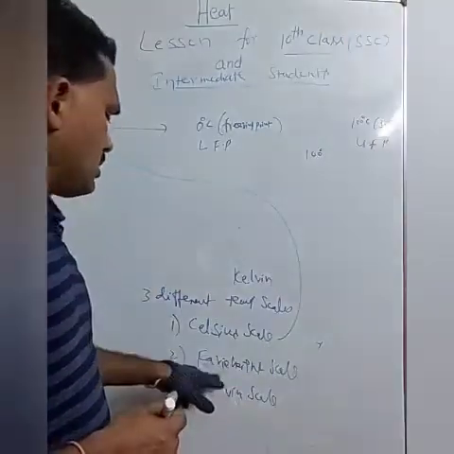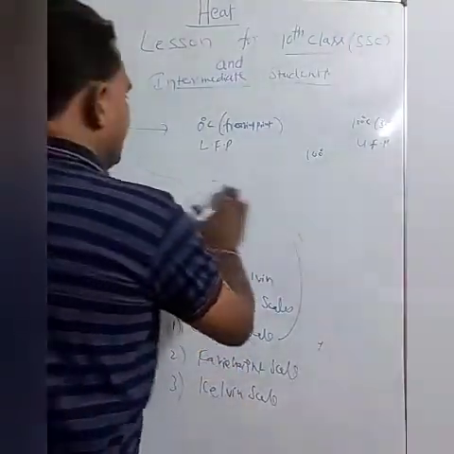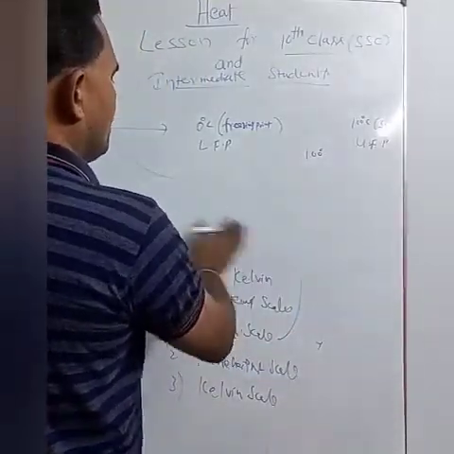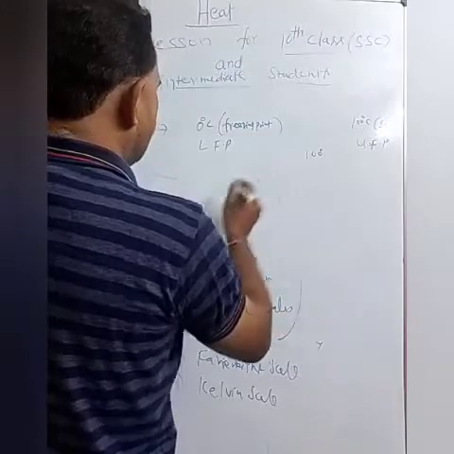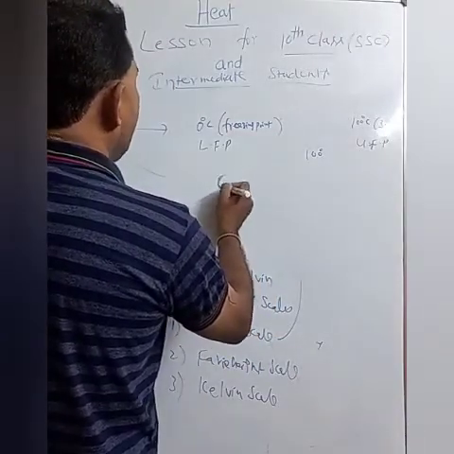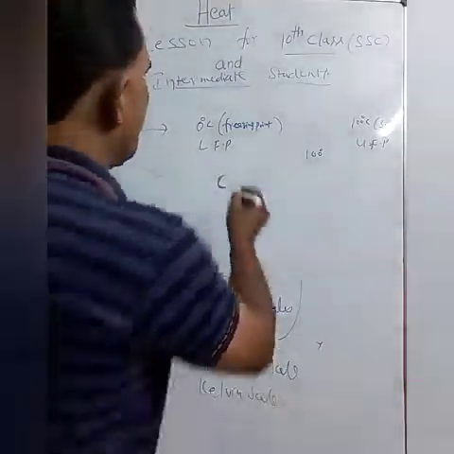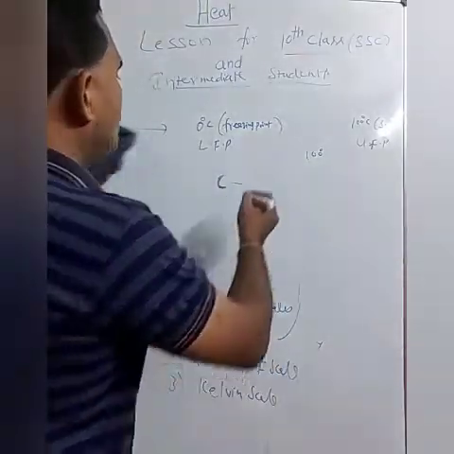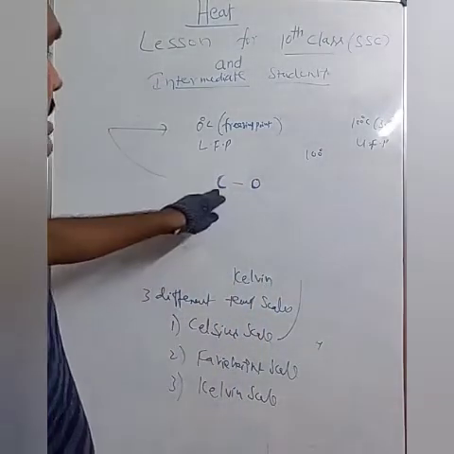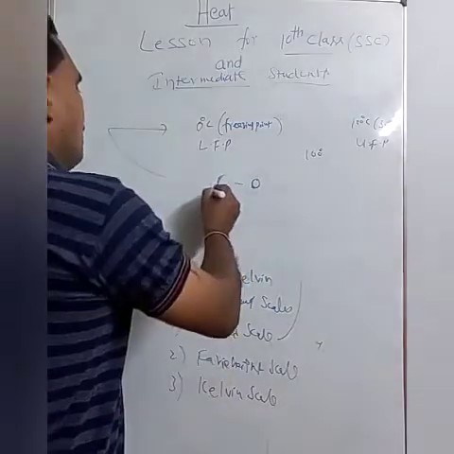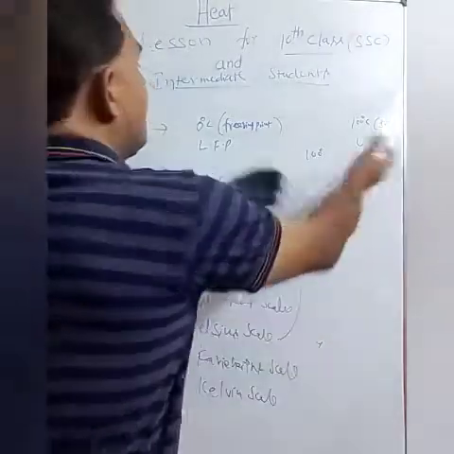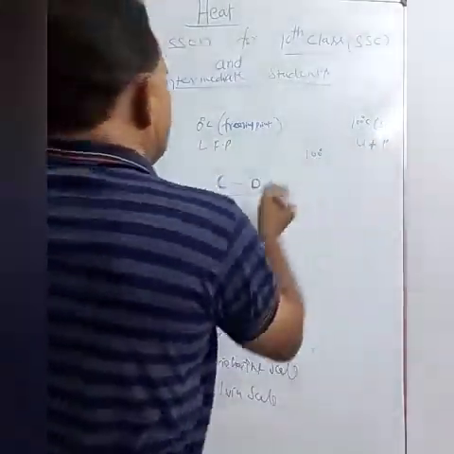Okay. Then the second one is the Fahrenheit scale. We have a formula for this. What is that? For the Celsius scale, because we are defining the centigrade scale, it is C minus the lower fixed point. The lower fixed point is 0 degrees centigrade. So C minus 0, divided by the difference between the upper fixed point and lower fixed point, that is 100.